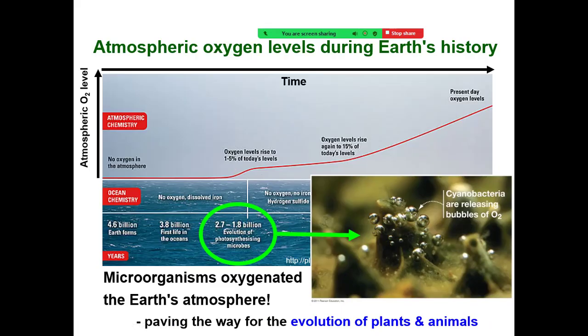Once the oxygen level built up to about 5%, oxygen in the Earth's atmosphere could then make ozone, which then protected the land from the UV light. And then green plants could evolve on the land, and green plants and microbes brought the oxygen level to 21%. Green plants actually only made about half of that oxygen, meaning half of that 21%. The other half has come from microorganisms, such as cyanobacteria.